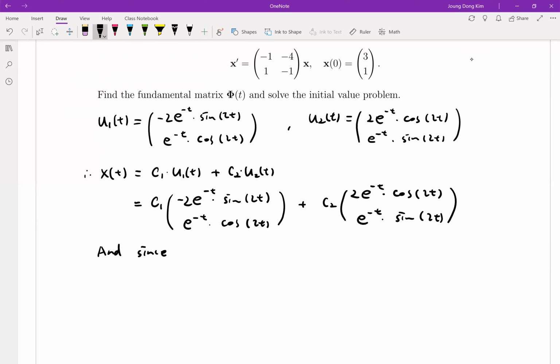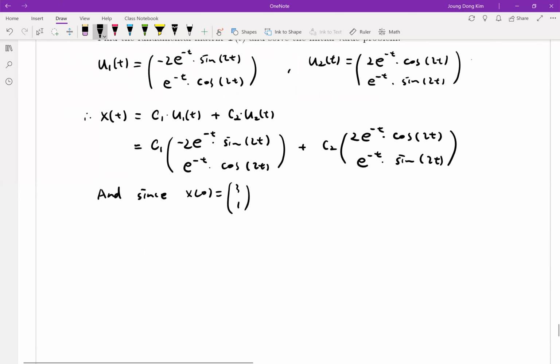And now we're going to use the given initial condition and plug in 0 for t. Basically, the sine function equals 0, the cosine equals 1, and all the exponential parts e to the minus t will be 1.